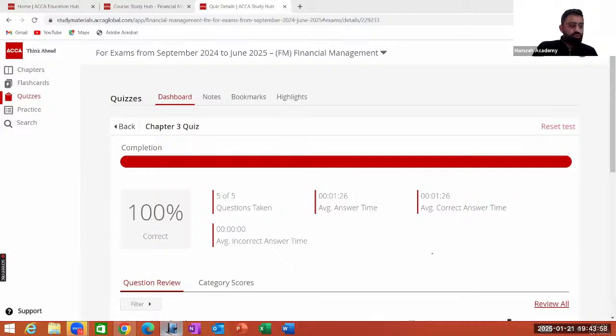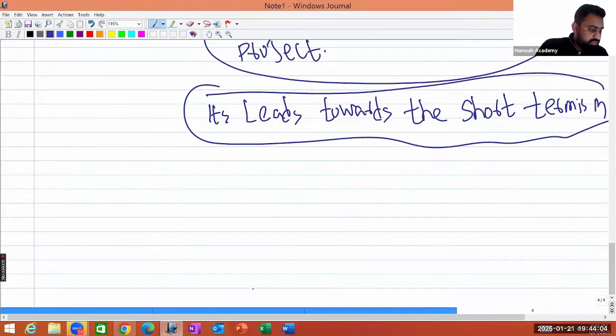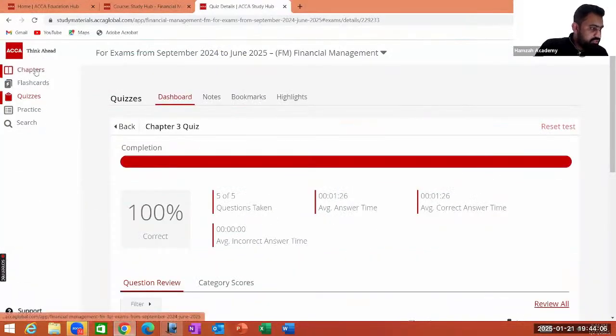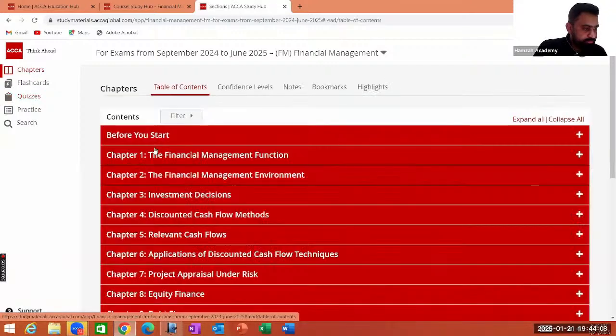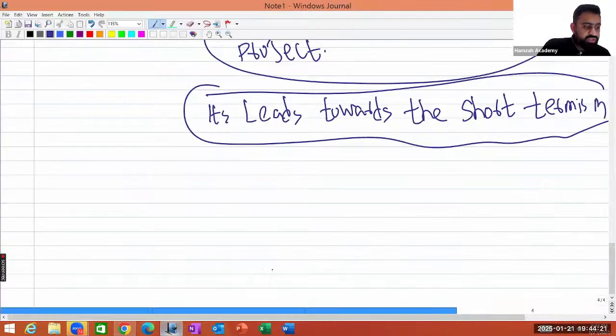Now moving forward, we have discussed 2 methods of investment appraisal. Now we have completed chapter number 3. Now we are moving towards chapter number 4. In chapter number 4, we are going to discuss the discounted cash flow techniques.